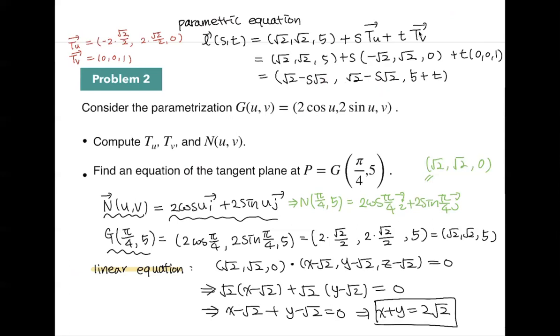So we found the parametric equation of the tangent plane here. Okay, cool.